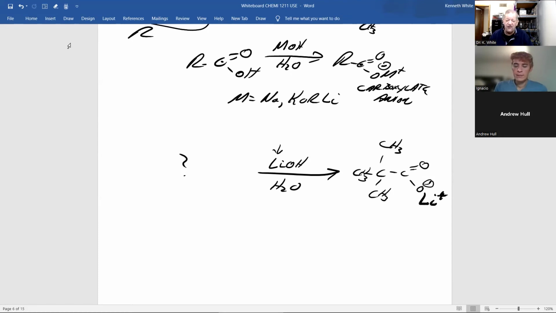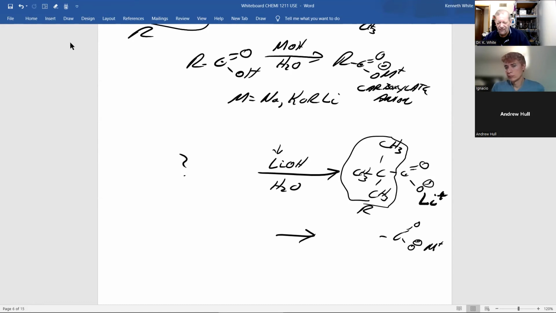All right, how do you do this? Well, you look at the product and what's different? Ooh, carbonyl with an oxygen with a charge on it, minus, and a cation. And then I have carbons here. And that's a carboxylate anion.